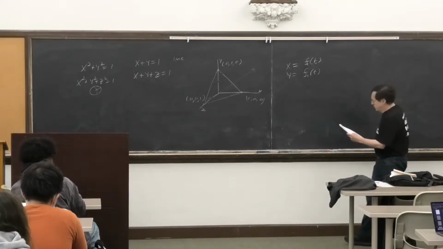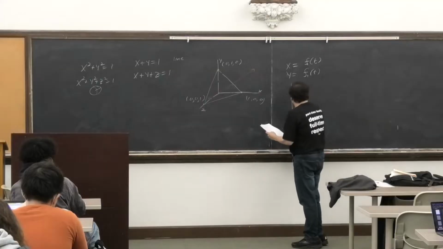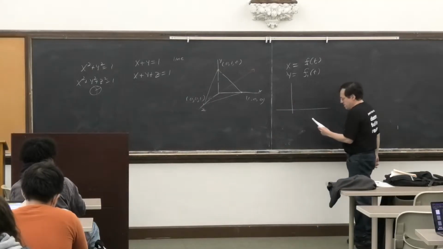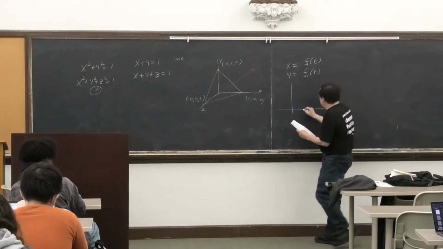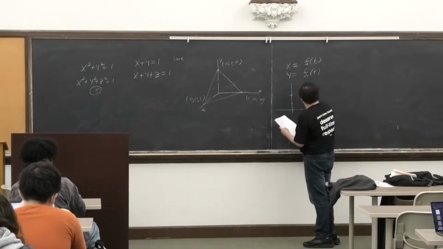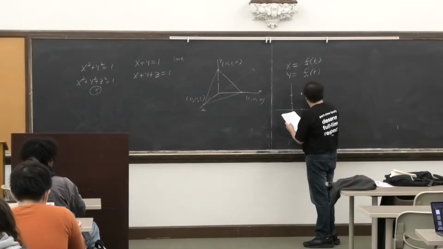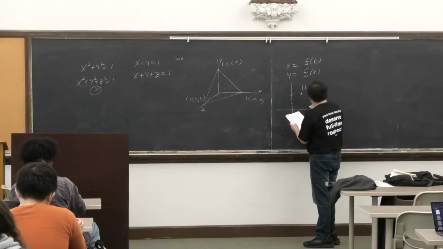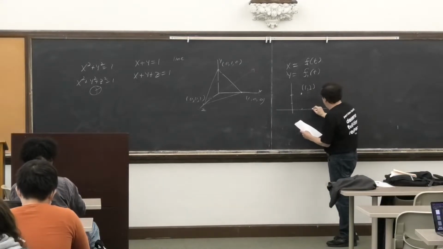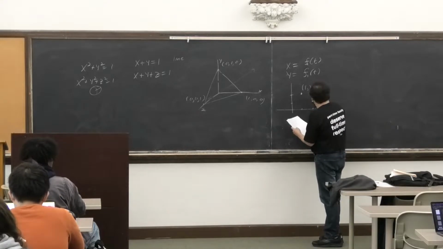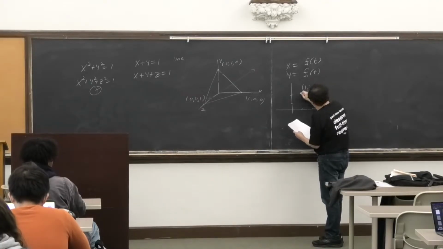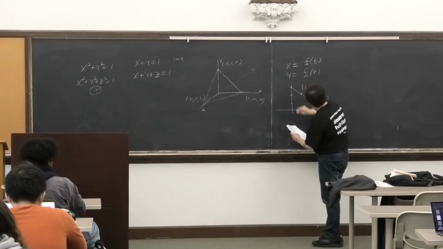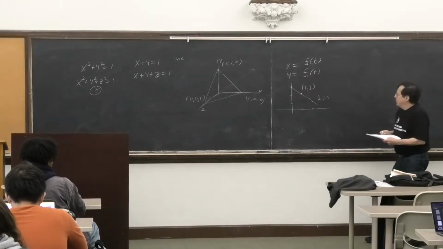So I guess I'll start from there. So I'm going to take a line which goes through these points 1, 2, and 2, 1. And this will demonstrate this better.